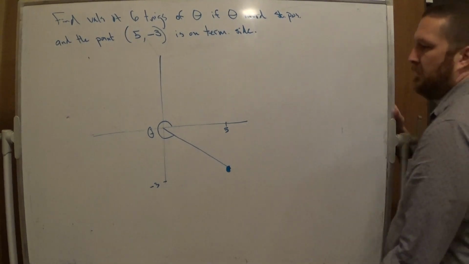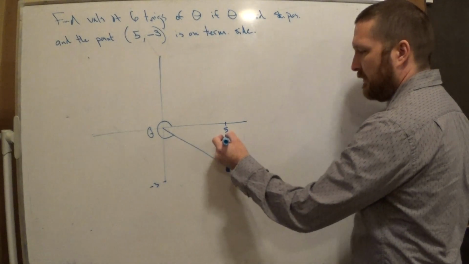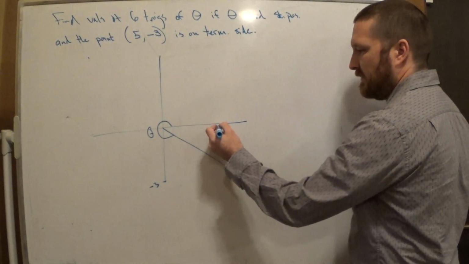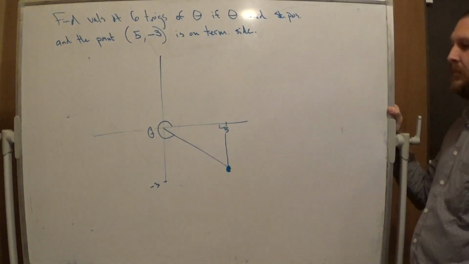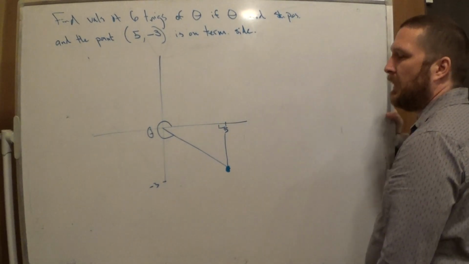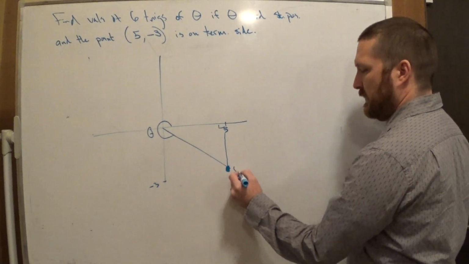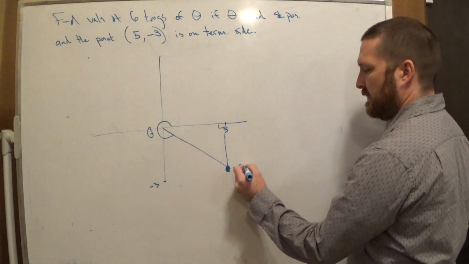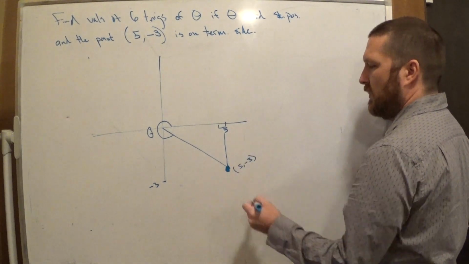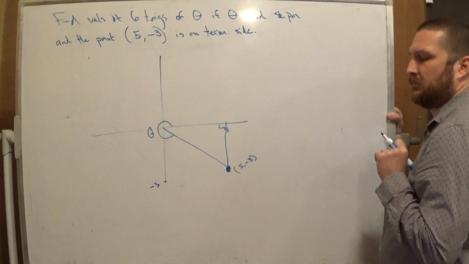Now, the way that we've done this, right, is we drop the perpendicular this way, so that that is a perpendicular angle. So you tell me, if this is the point (5, -3), what other information do I need to know to be able to solve this?